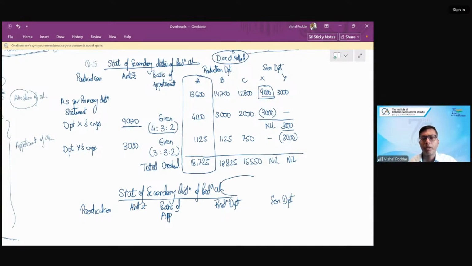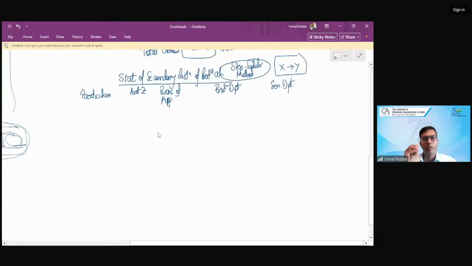Now my method would be the step ladder method, and I am assuming X is giving to Y, correct? This you don't have to do in the exams. Either the exam sum will already be of step ladder and you solve by step ladder, or if it is of reciprocal and you have to solve by step ladder, they will already mention in the exam what you have to assume. I am assuming X is giving to Y, Y is not giving to X.